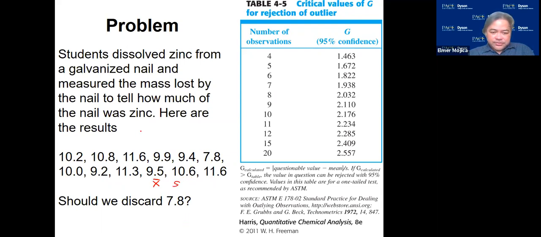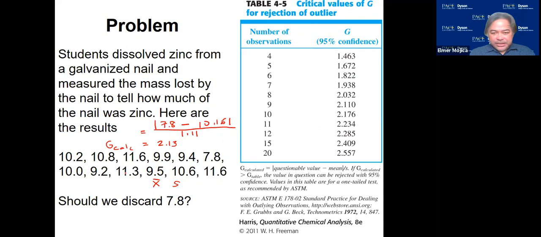So what's the questionable value? 7.8. If you get the mean, you will get around 10.16, and the standard deviation is around 1.11. In that case, it will give you around 2.13 of G calculated.